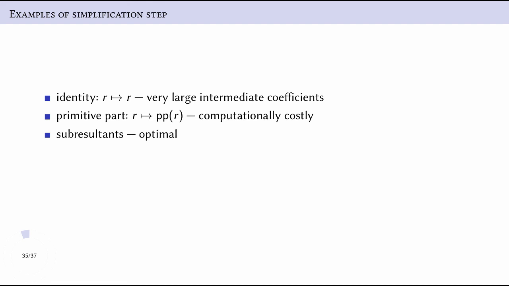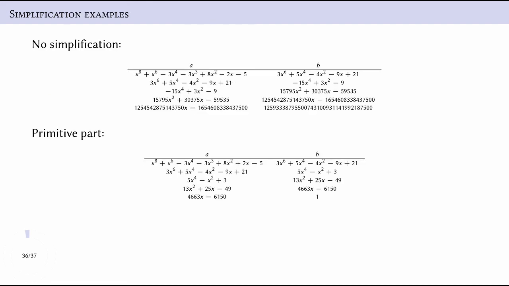But before I finish today's lecture, let me show you examples of using these first two strategies. If we do not simplify, we take the same two polynomials, one of degree 8 and one of degree 6, that you see here.